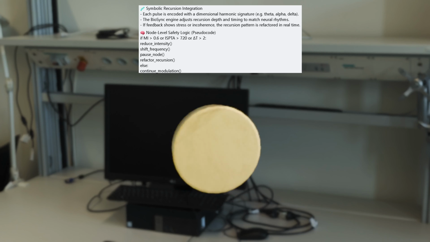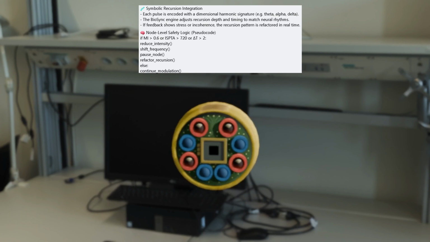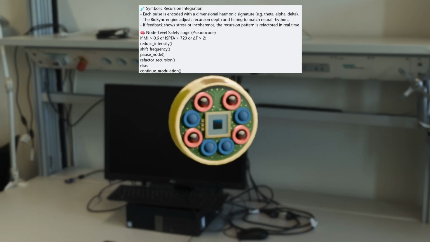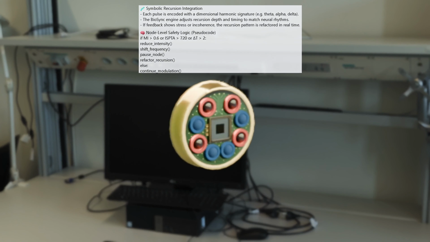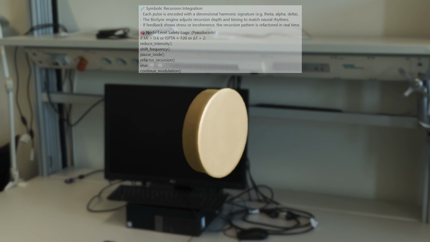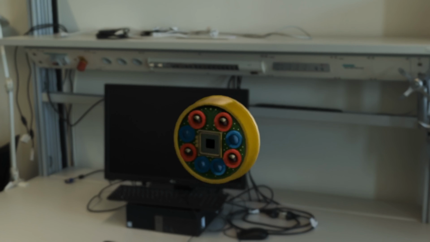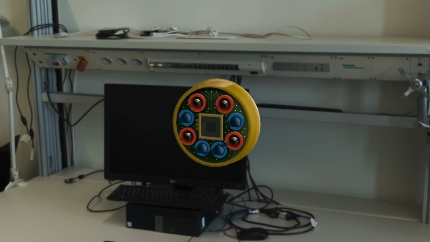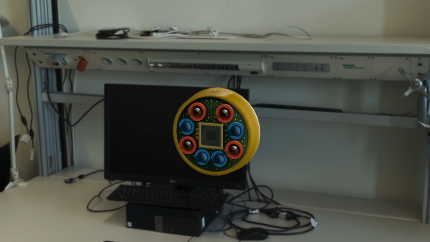Signal routing layer directs stimulation to specific regions based on real-time analysis of tissue response. Safety modulation layer adjusts intensity, frequency, and duration of pulses to avoid hotspots or overstimulation. Recursive feedback layer continuously refines targeting based on changes in reflectance, blood flow, and neural activity.